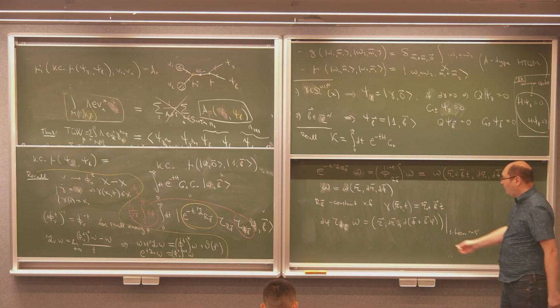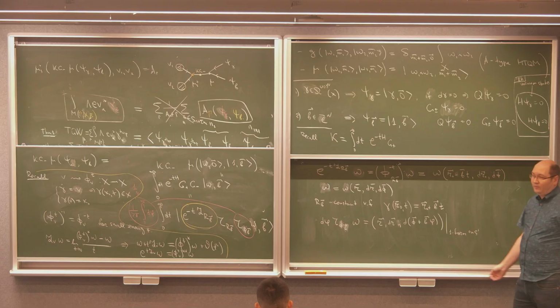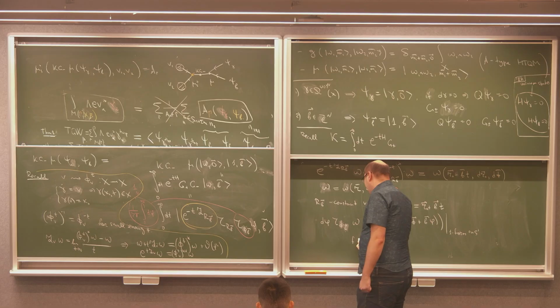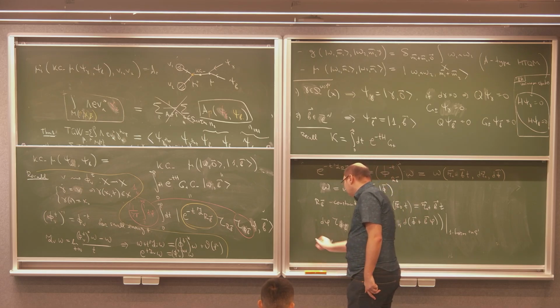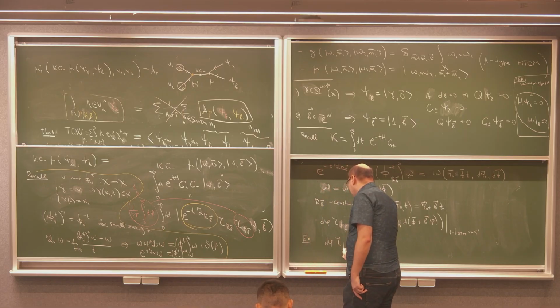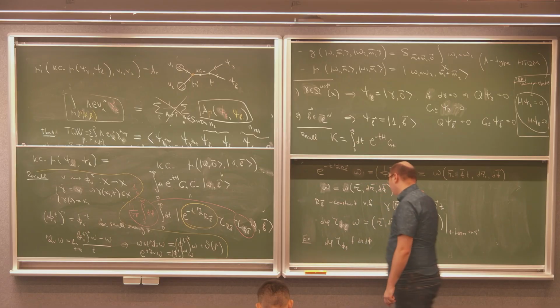So when we just have one phi, that is obvious, because when we have one phi, our omega is some, say, function f multiplied by dr d phi. Then for this operator, we just have one b.